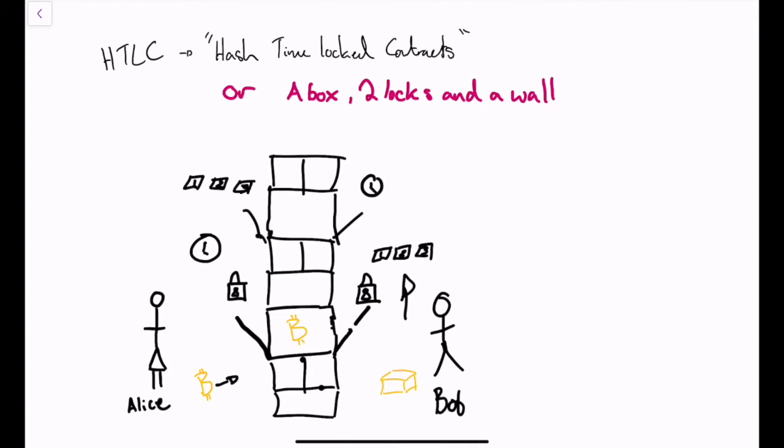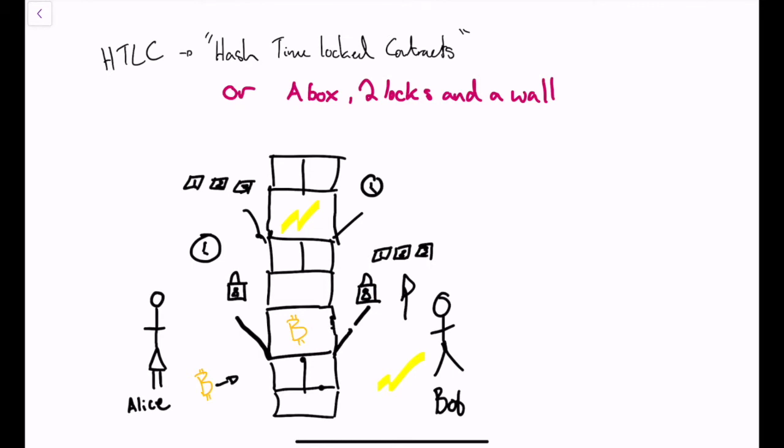Now, let's say Alice wants some Bitcoin, but instead of getting a physical box back from Bob, let's go full Lightning. So she wants some Lightning capacity from Bob. So Bob can effectively place a digital asset inside his own hash time lock contract over here.